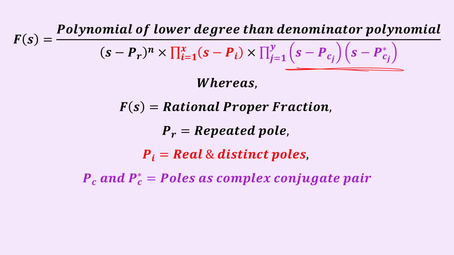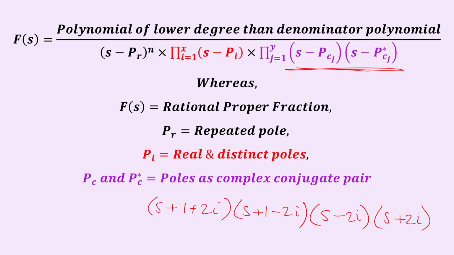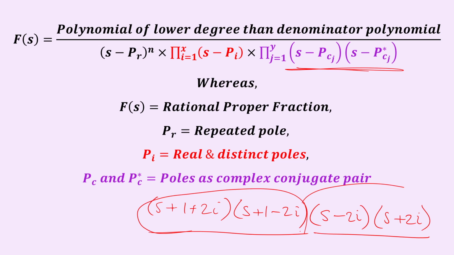For example, we can have (s plus 1 plus 2j) into its conjugate pair (s plus 1 minus 2j), and another complex conjugate pair, for example, (s minus 2j) into (s plus 2j). Like this example, the denominator polynomial can have any number of complex conjugate pairs.